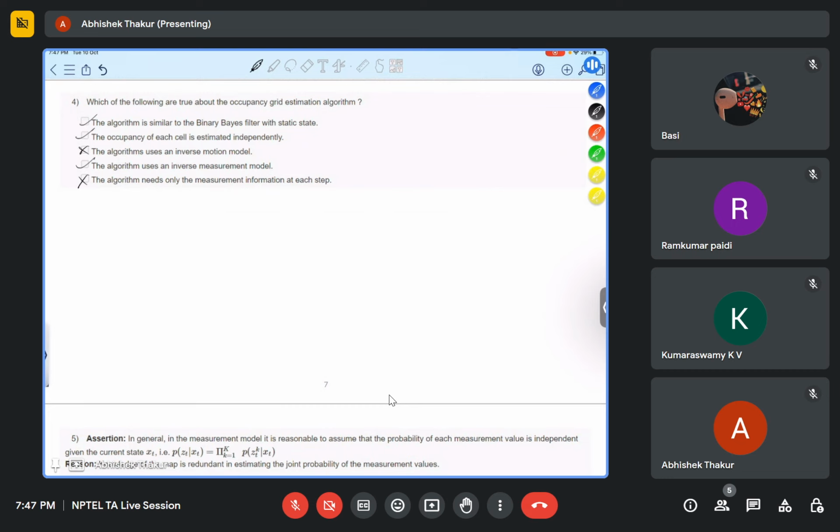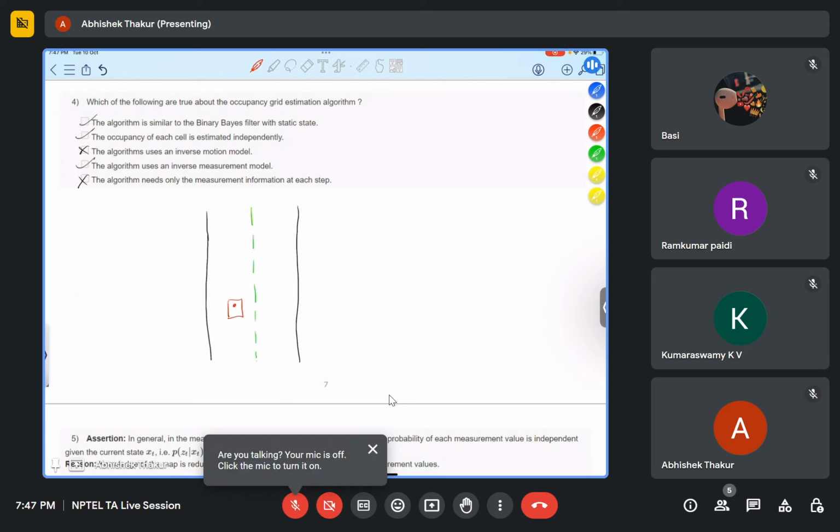Basically, I will again give an example of an autonomous vehicle. This is our autonomous vehicle, and this is the road area, and this is, let's suppose, a lane. Our vehicle is moving, and it has a lidar sensor here.